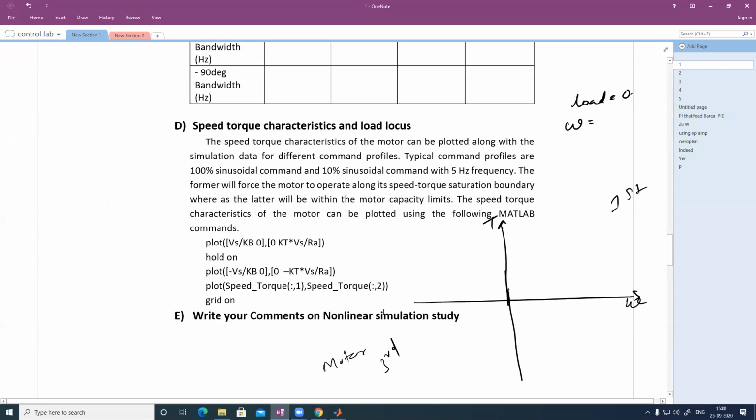That is, here the first line is omega and the second line is torque. So maximum torque is kt into Vs by Ra, maximum torque, and it will be here.